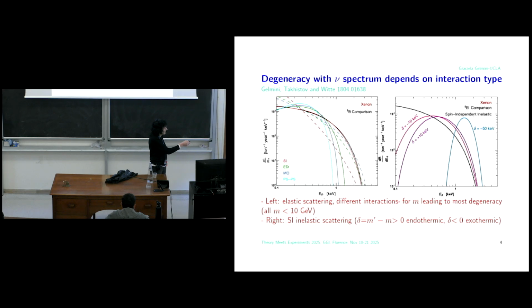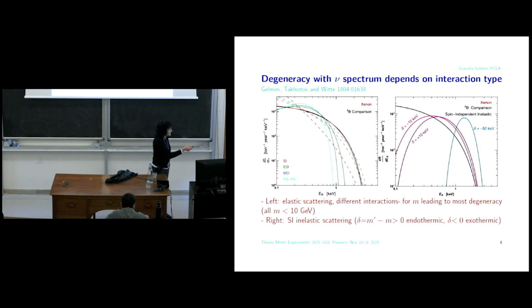Spin-independent, electric dipole, magnetic dipole, and pseudoscalar coupling, so gamma 5. Now, if you have inelastic in the dark matter only, or elastic, the reaction in the nucleus doesn't change. But you have this delta, which is the mass prime, the mass of the final dark matter particle minus the initial, and it could be positive or negative.